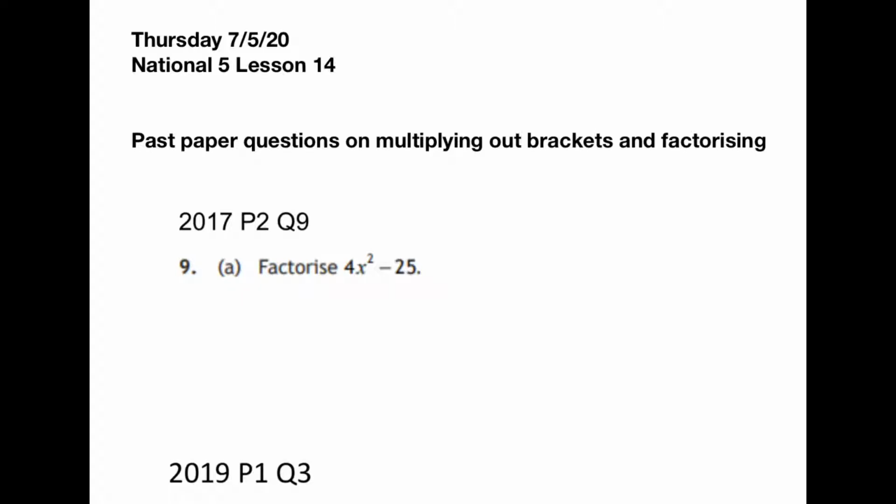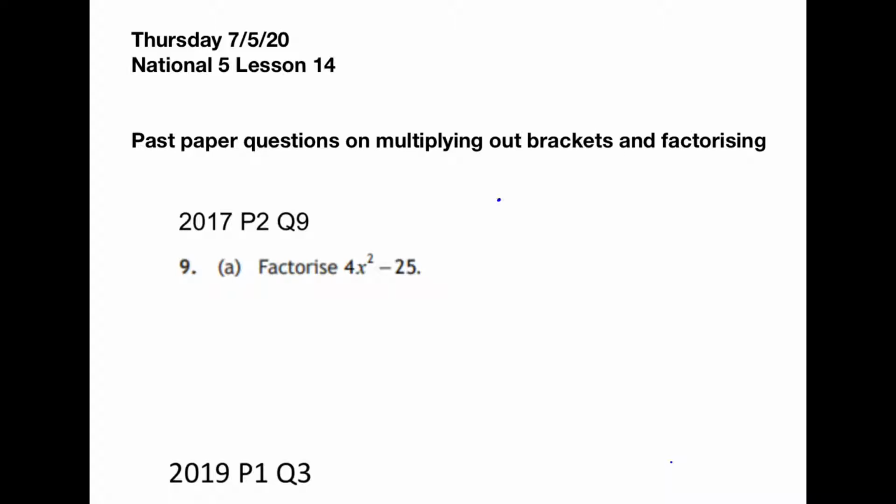Okay, so first one, factorise. These questions tend to be worth just a couple of marks and it'll be obvious what you need to do. It's not going to be one that's all shrouded in mystery with lots and lots of words. So the first one, factorise 4x squared minus 25. Remember our procedure.